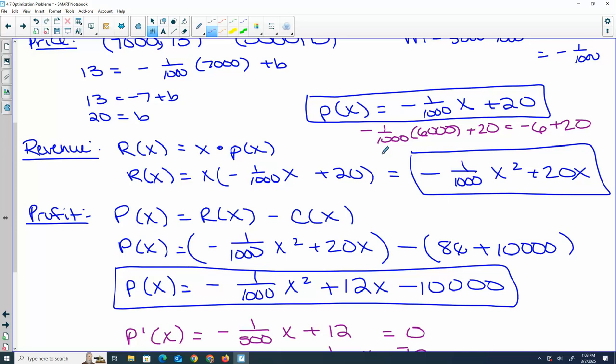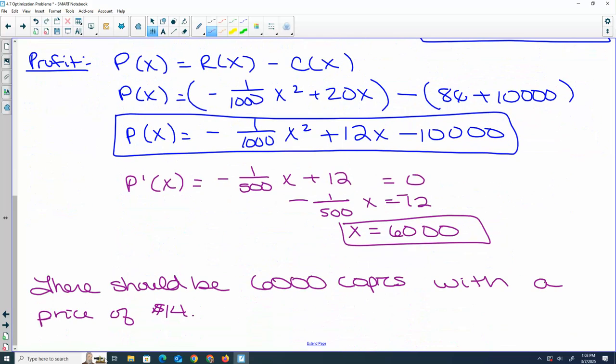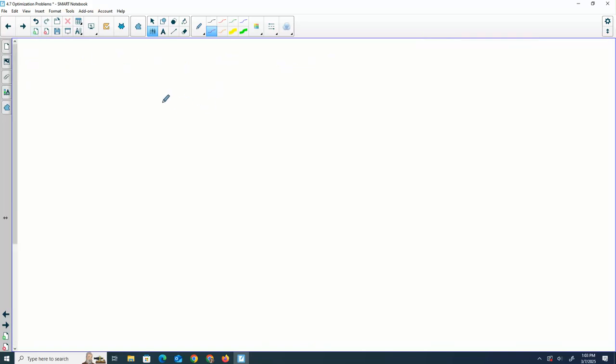All right, so that was long. The math isn't all that hard, but it's just a lot to keep track of, because we've got cost, revenue, profit. What was the last number? $14. All right. Any questions? So let's try some problems.